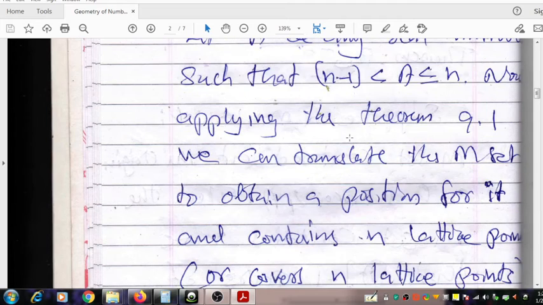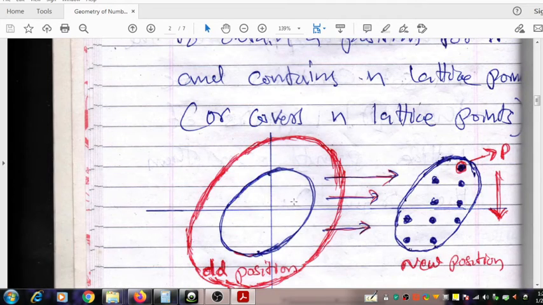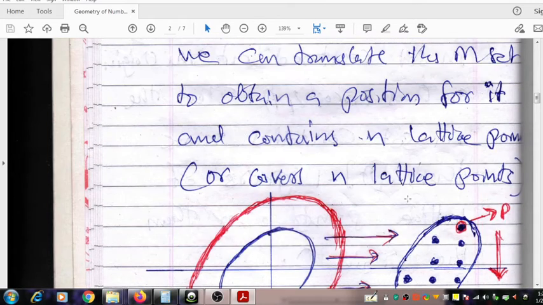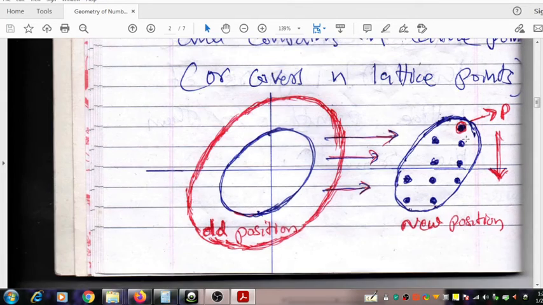Using theorem 9.1, when we apply that theorem on this set, it is translated to obtain a specified number of lattice points. How many lattice points? You can obtain n lattice points in that new position of the M set.